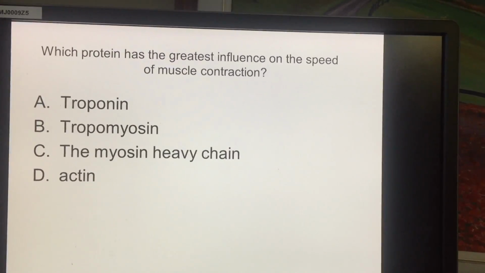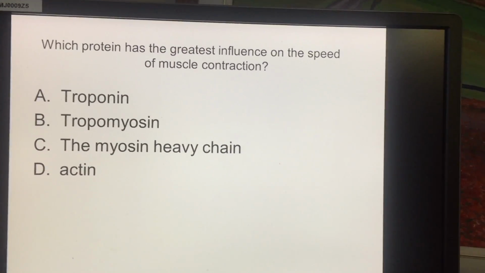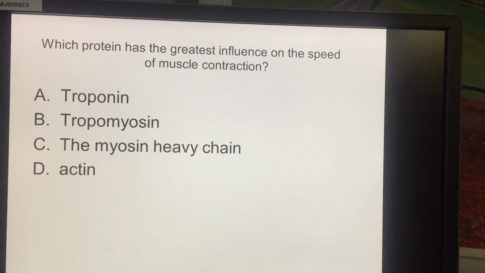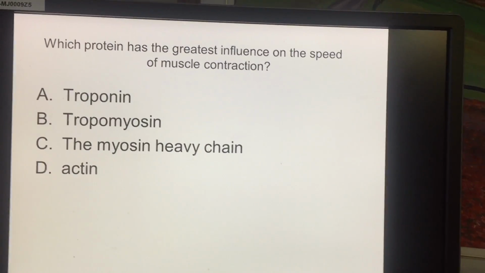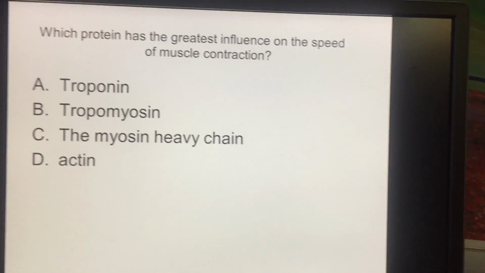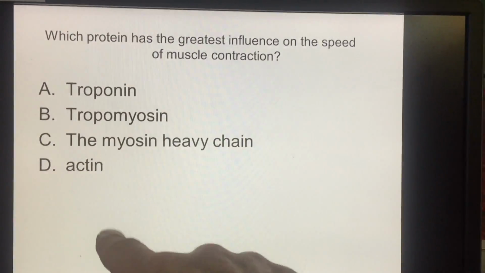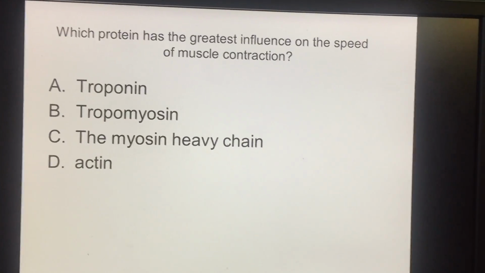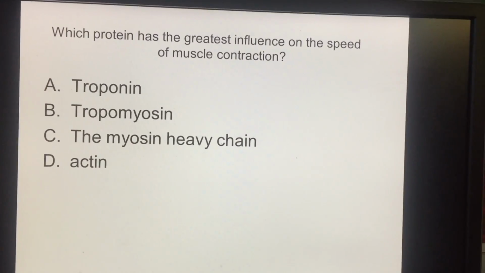Which protein has the greatest influence on the speed of muscle contraction? The answer here is C, the myosin heavy chain. Troponin and tropomyosin also exist in fast and slow forms. Actin is the only protein listed in these groups that does not exist in fast and slow forms.